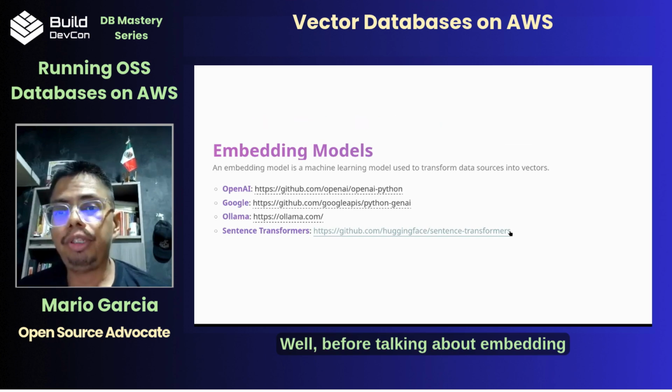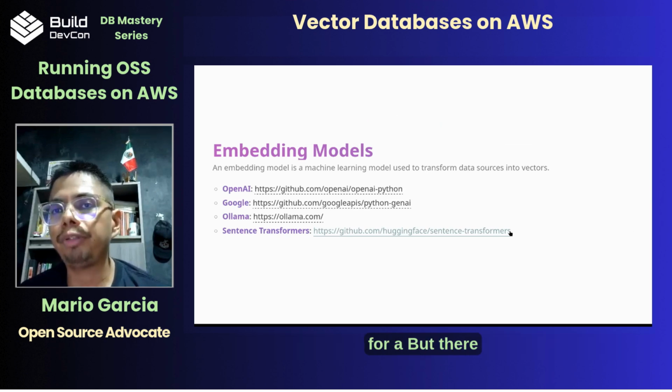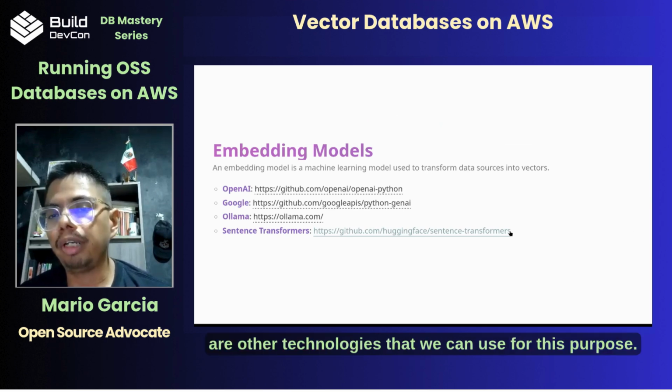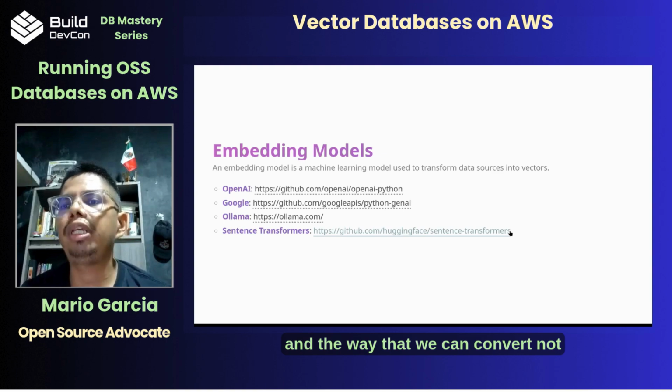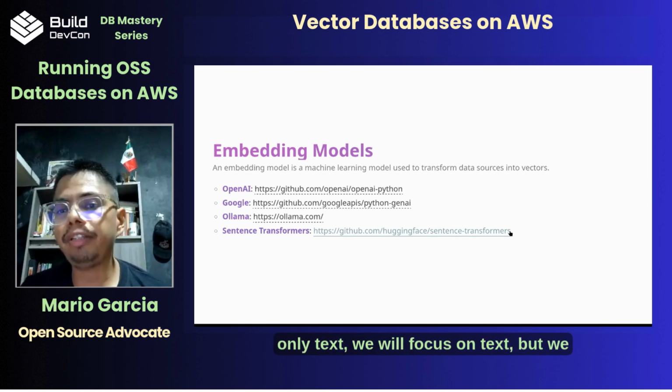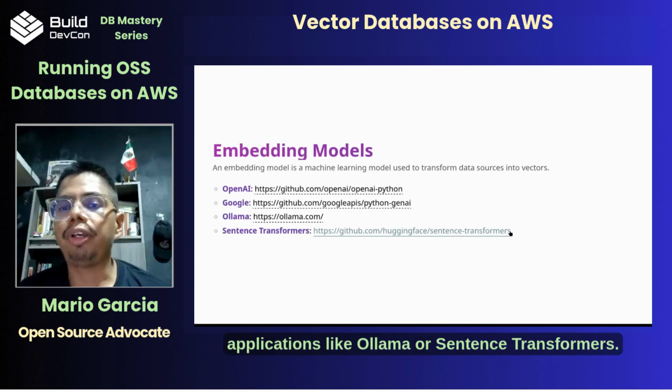Before talking about embedding models, we will focus on Postgres for deploying a vector database, but there are other technologies that we can use for this purpose. When we talk about embeddings and the way that we can convert data, we will focus on text, but we can use OpenAI, Google, and applications like Ollama or sentence transformers.